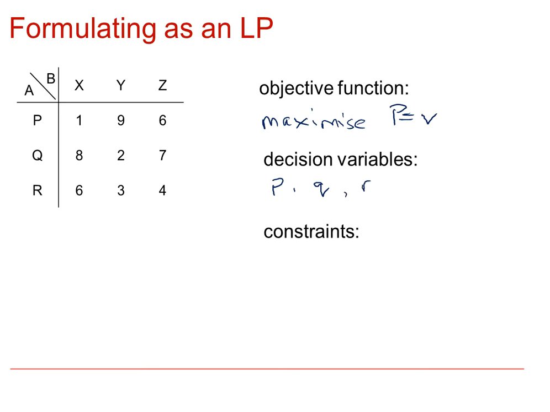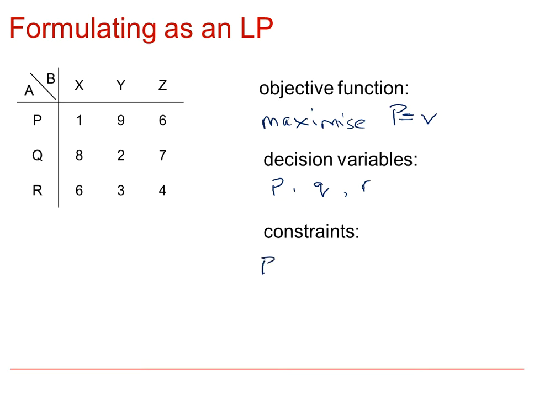The constraints will be the expressions that we formed when we considered what the value of the game for A would be if B chose either X, Y or Z as their strategy.